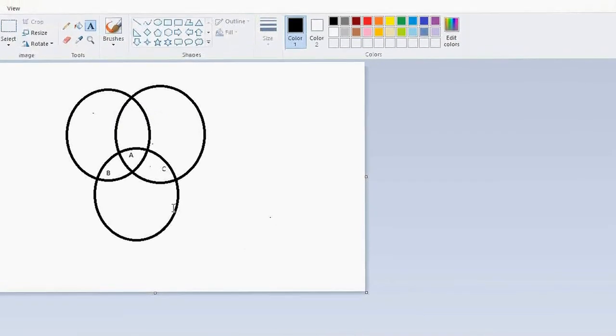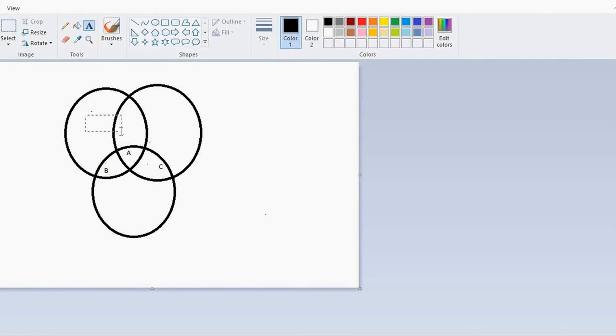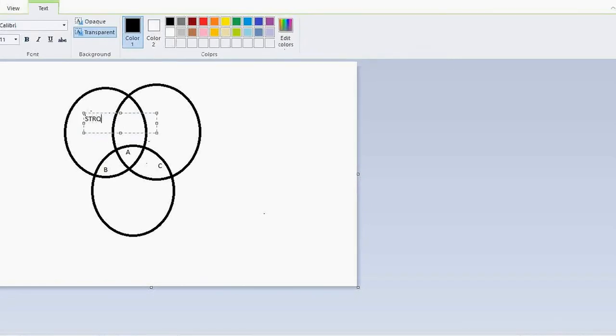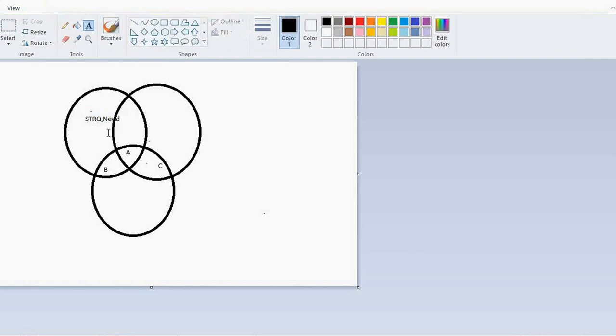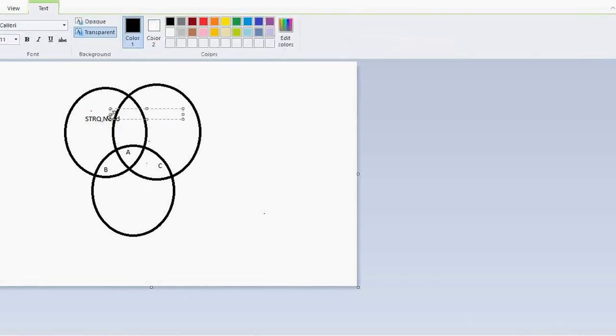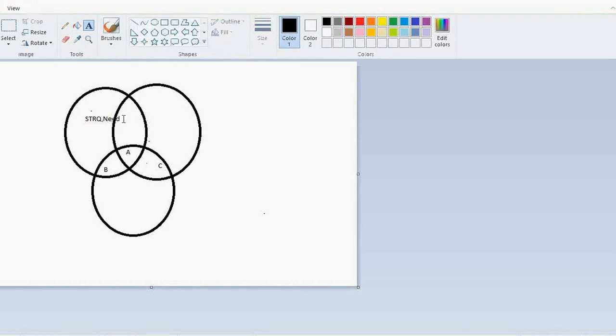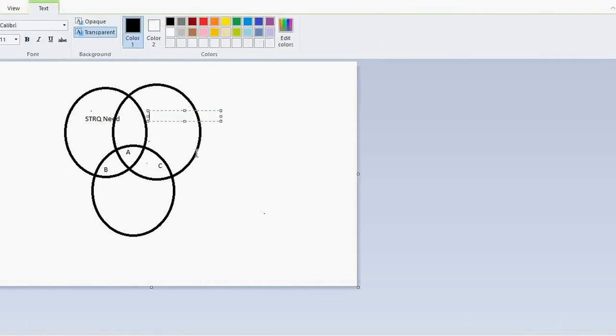So here, which I want to show is that, so this would be, I'm going to use the word STRQ, stakeholder needs. This would be stakeholder needs and goals. So this would be stakeholder need, right? So this would be system built.